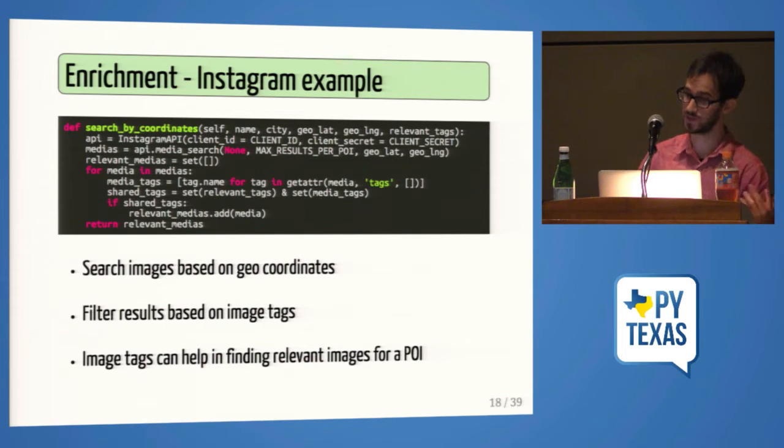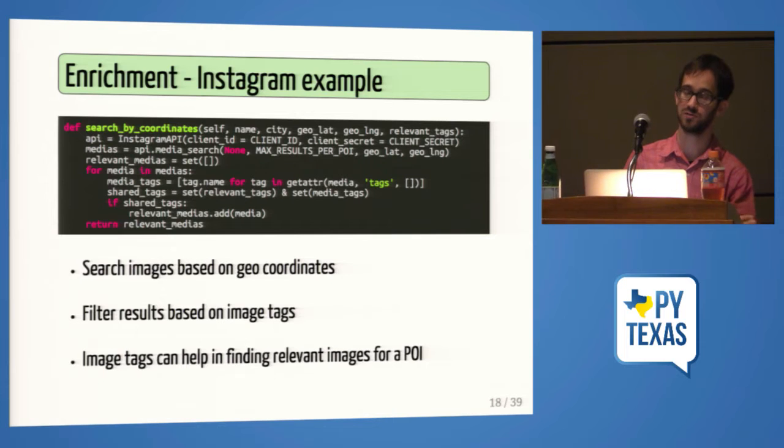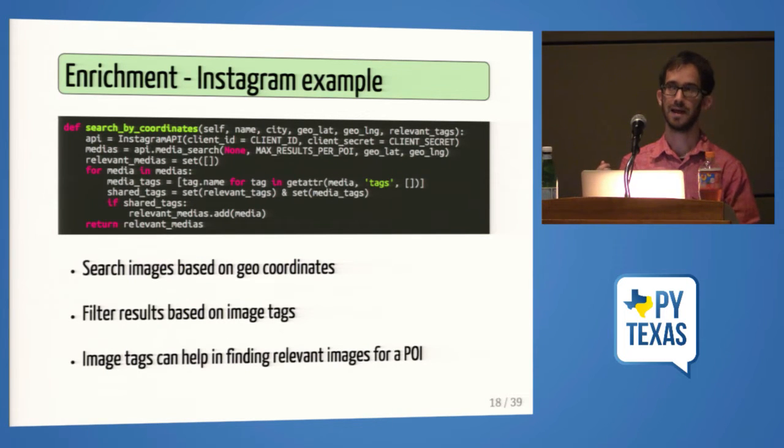Another example of using the Instagram API is to search for images of a point of interest at a specific location. A more complex example would be to try to find images of a hiking trail.